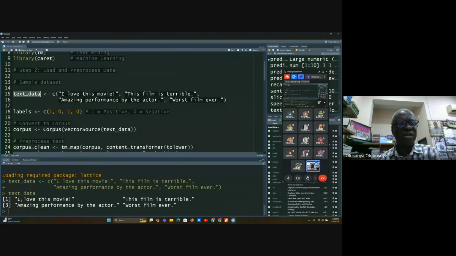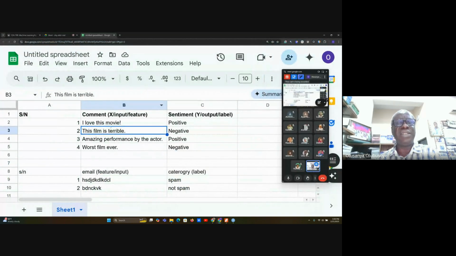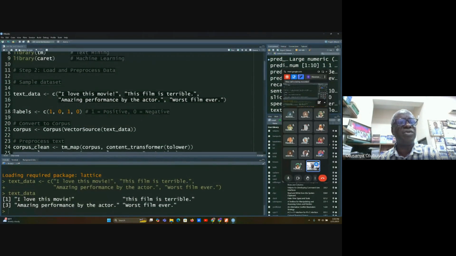The first one is, I love this movie. This is the second one. This is the third one. And this is the fourth one. Now, after we have stored the comments, we now need to store the sentiments. That's what line 18 is going to do.